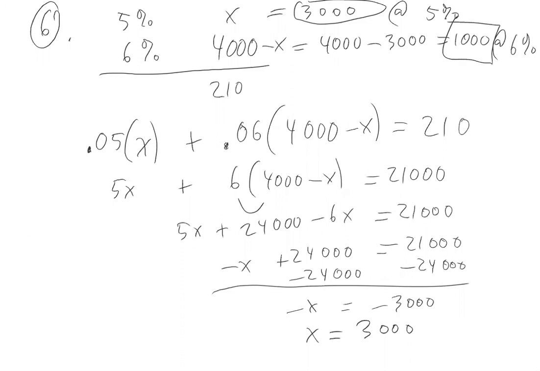Then let's go ahead and do problem 7. So problem 7 says, remember, rate times time equals distance. A boat's crew rowed 18 miles downstream, so 18 miles with the current.